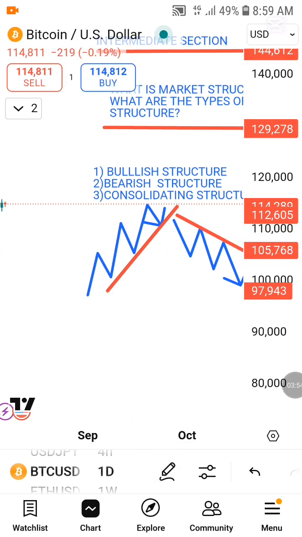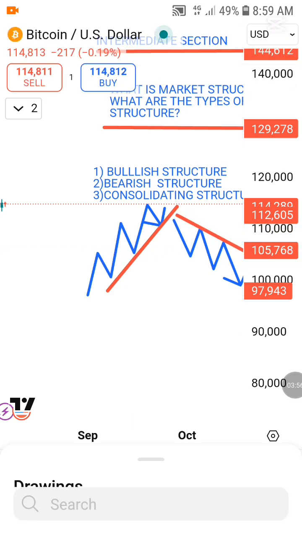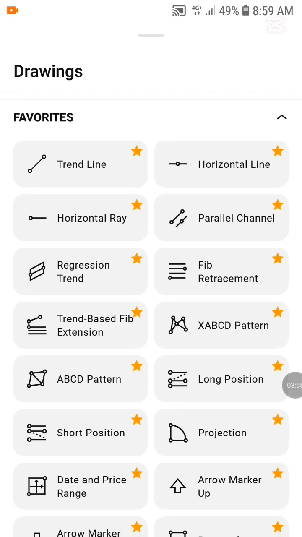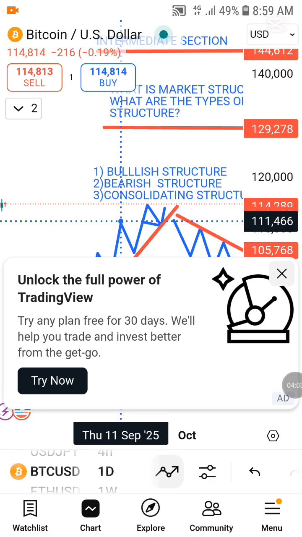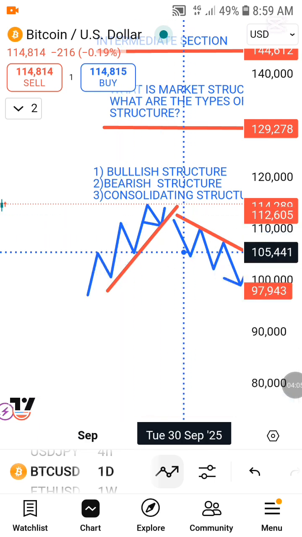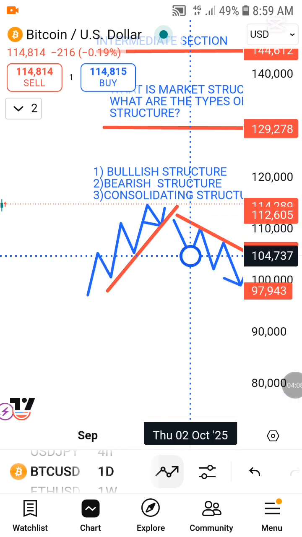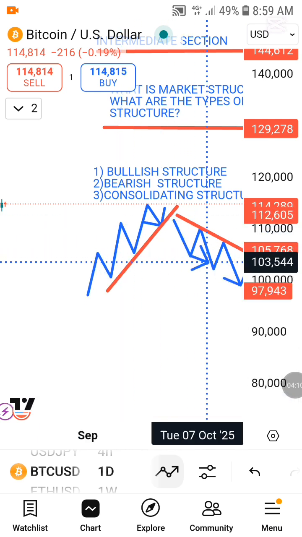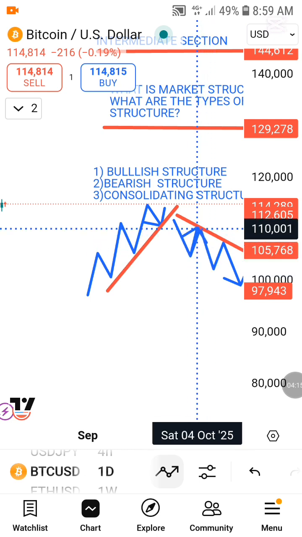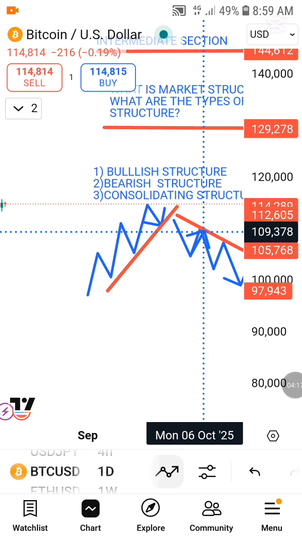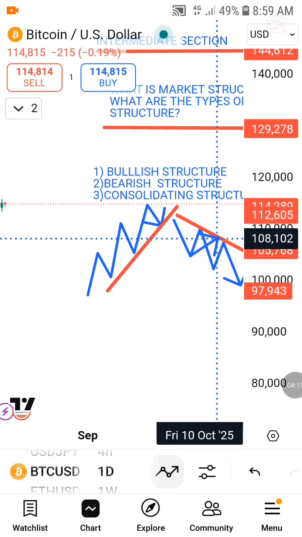Can you see? So this previous low, let me show you this. This previous low is higher than this current low. Can you see? And then this previous high is higher than this current high.